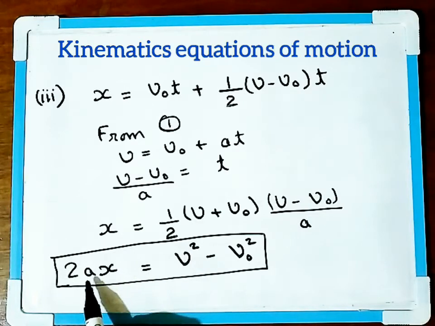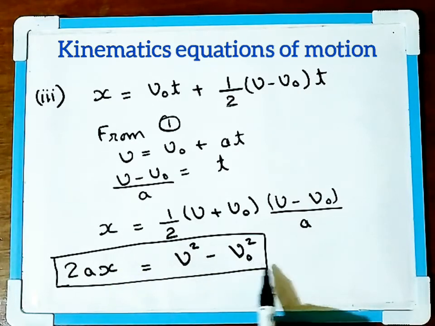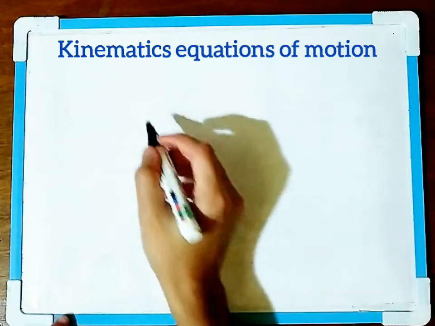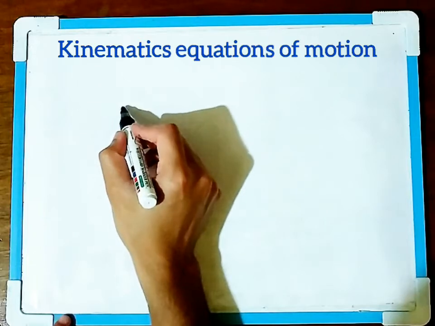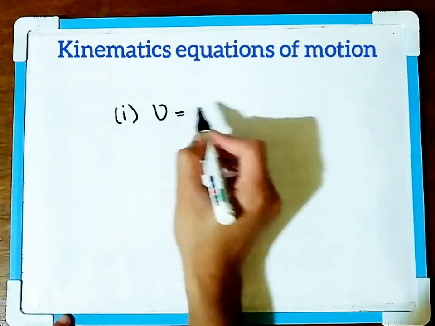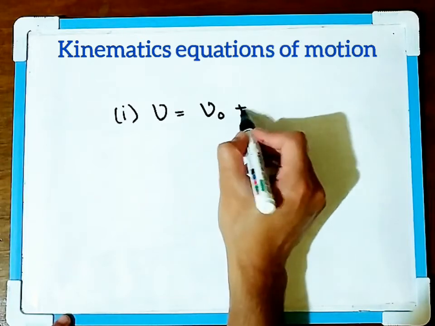It relates the acceleration, the displacement, and the final velocity and the initial velocity. These equations are valid for a uniformly accelerated motion, for example, an object falling under gravity. We can use these equations to solve problems which relate to an object falling under the effect of gravity. So these are the three equations of motion. The first equation is v is equal to v naught plus at.